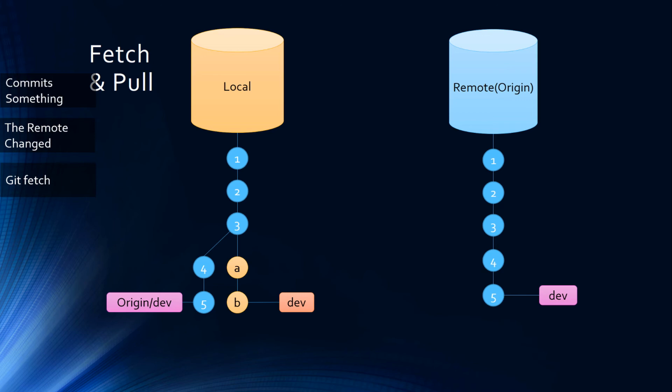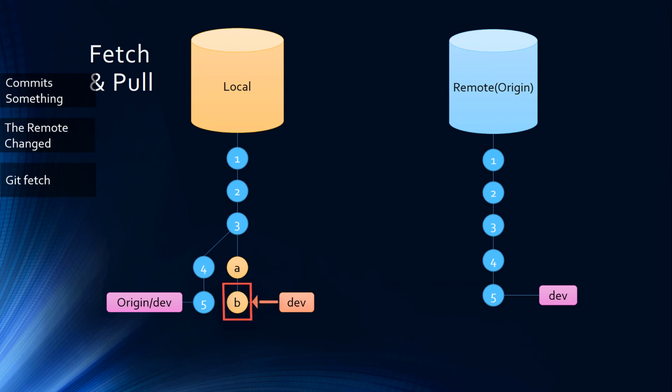As I've mentioned before, your dev branch and origin-dev branch are not actually the same branch. Although your origin-dev branch has been updated just now, your working branch won't change. It is still the snapshot of commit B.